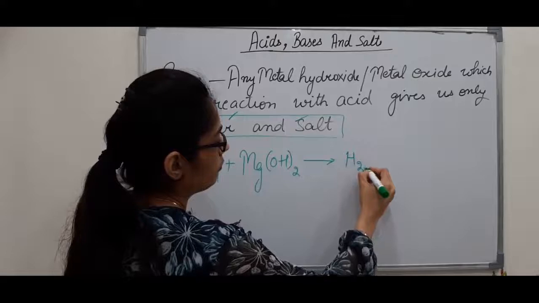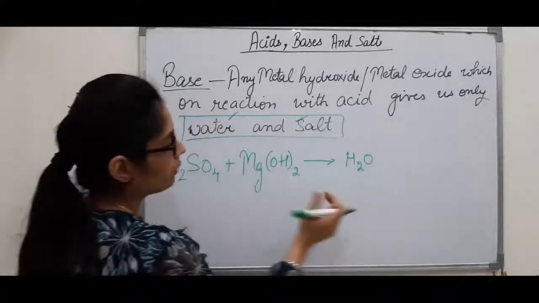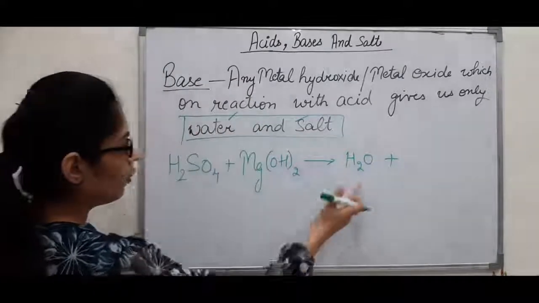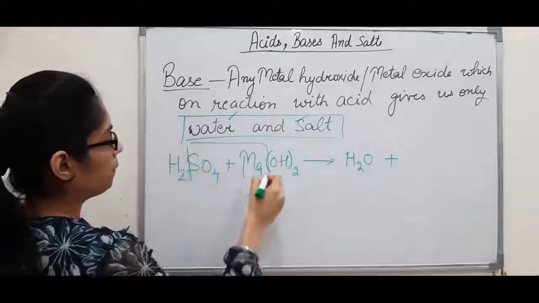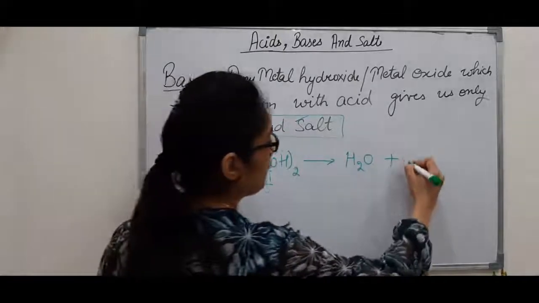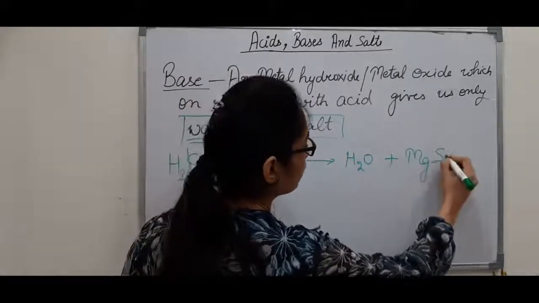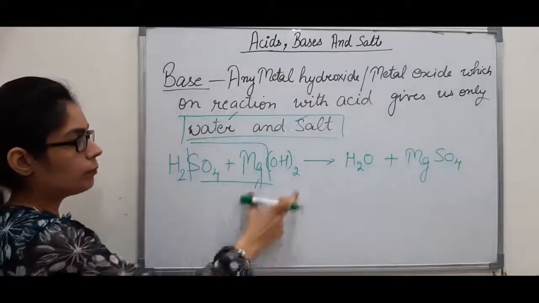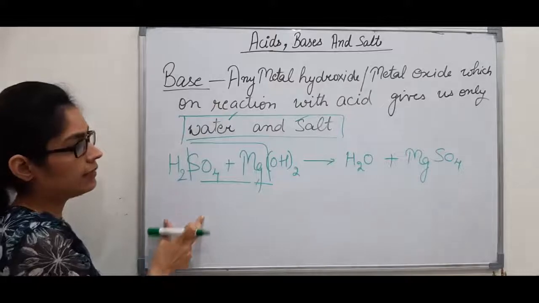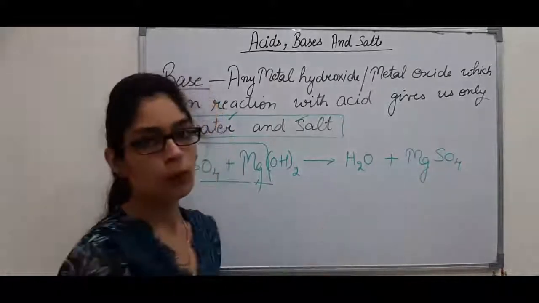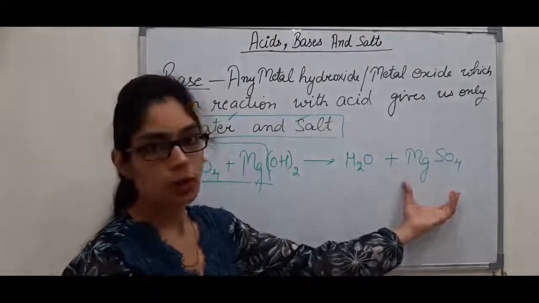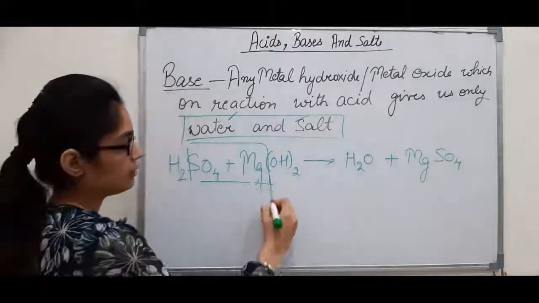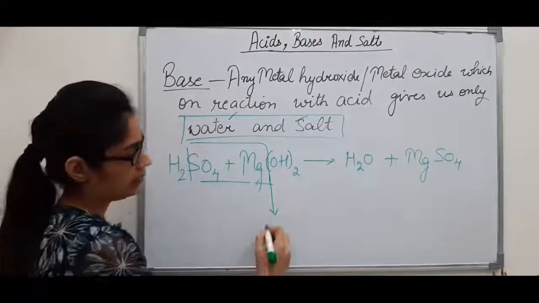On reacting sulfuric acid with magnesium hydroxide, we get water plus the salt magnesium sulfate. On reacting a metal hydroxide with acid, I am getting only two products, water and salt, which means this metal hydroxide is a base.